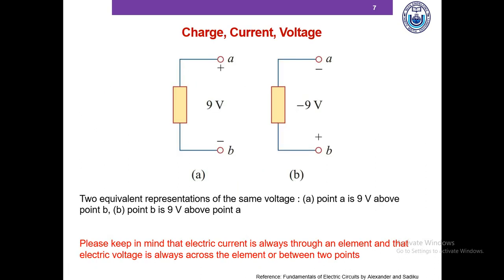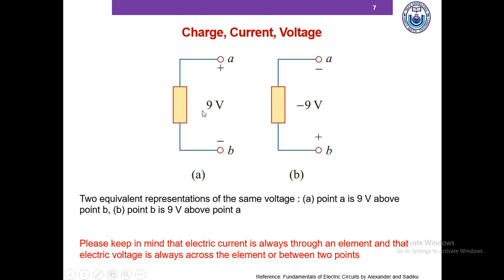Just as we were able to reverse the direction of current provided that we also change the sign of the magnitude of the current, we can do something similar to voltage as well. In an electrical circuit, we can reverse the polarity of voltage provided that we also change the sign of the magnitude of the voltage.